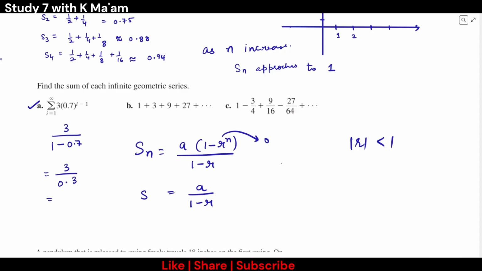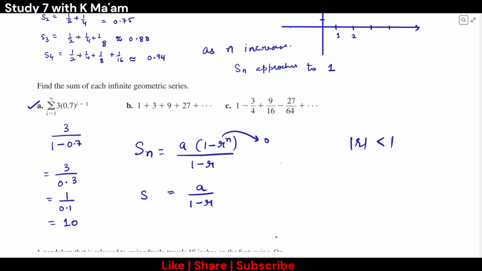If I calculate, it's 1 over 0.1, which is 10. In case your ratio is greater than 1 or equal to 1, we cannot find the infinite sum, because in that case it goes to infinity or negative infinity. So the infinite sum can be calculated if the absolute value of the ratio is strictly less than 1.